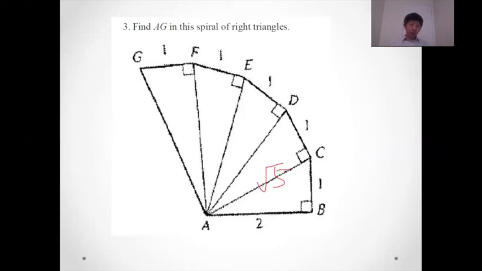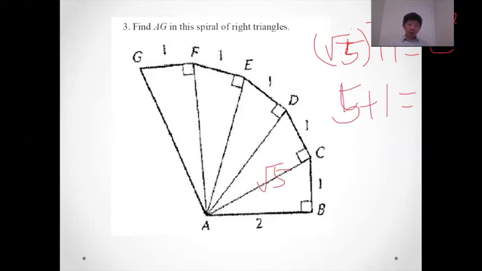Next, we want to find AD. So we have A squared plus B squared equals C squared, right? So we have 5, which is the square root of 5 squared, plus 1 equals C squared. 6 is equal to C squared.